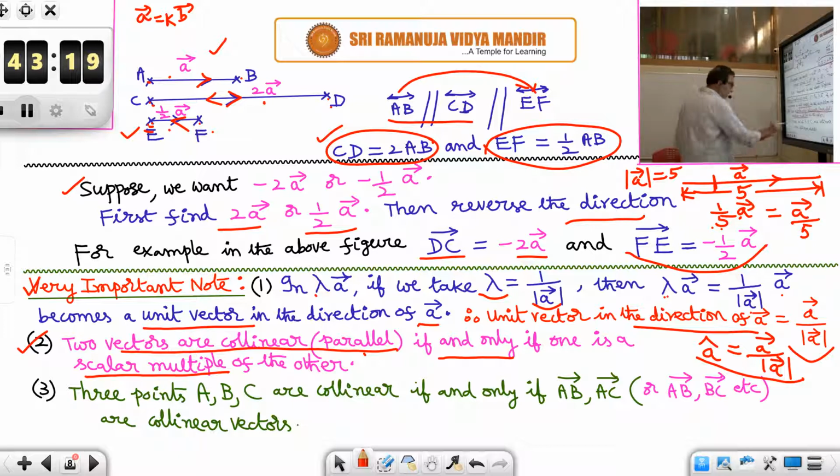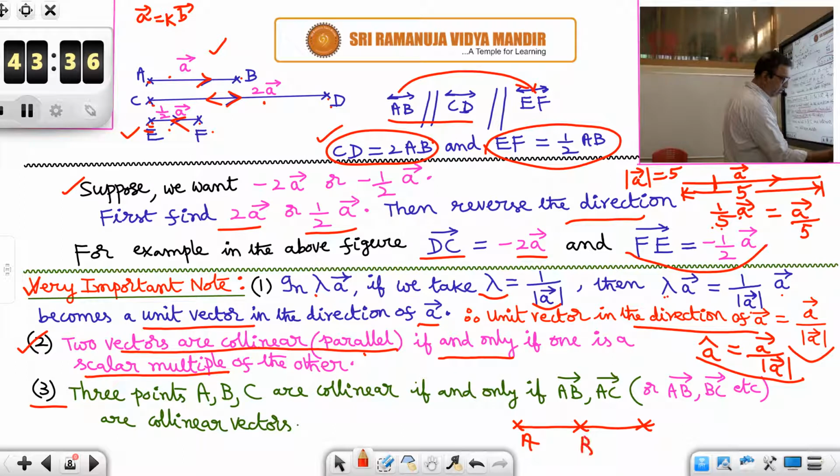Okay. Then the third one is also very important point in solving the problems. Suppose 3 points are given, we want to prove that they are collinear. We want to check whether they are collinear or not. Suppose A, B, C are 3 points. A here, B here, C here. Suppose they are collinear, what happens?